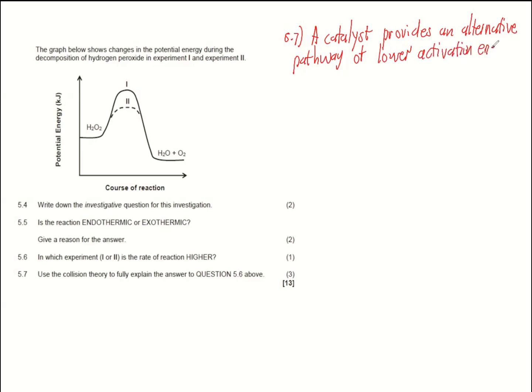When they mark there, they're looking for these keywords. Lower activation energy, right? And then you are going to say point number 2. That means more particles will have sufficient energy to collide.